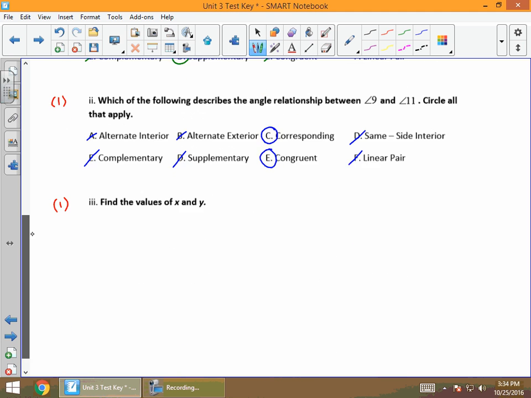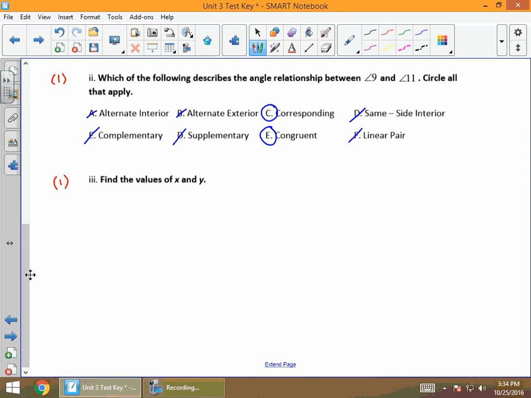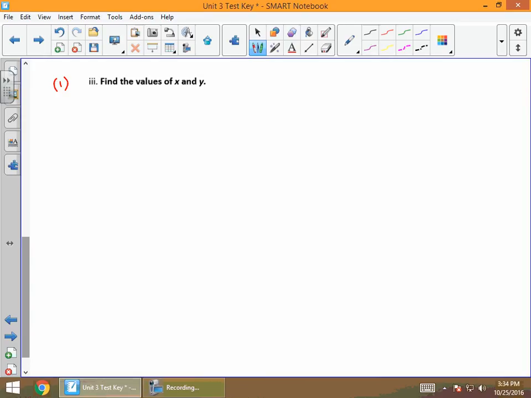So for x, you can refer back to your picture as you need to. I see that angle 8 is 3x plus 12 and angle 9 is 2x plus 3. And I have already said in part I that 8 and 9 are supplementary, so these add together to equal 180.